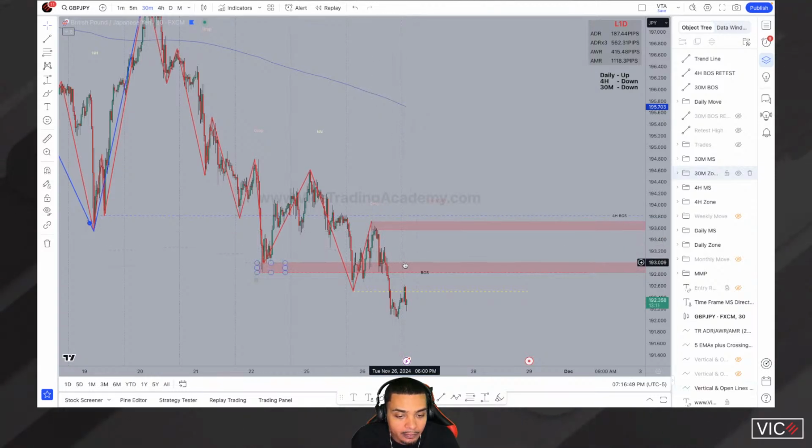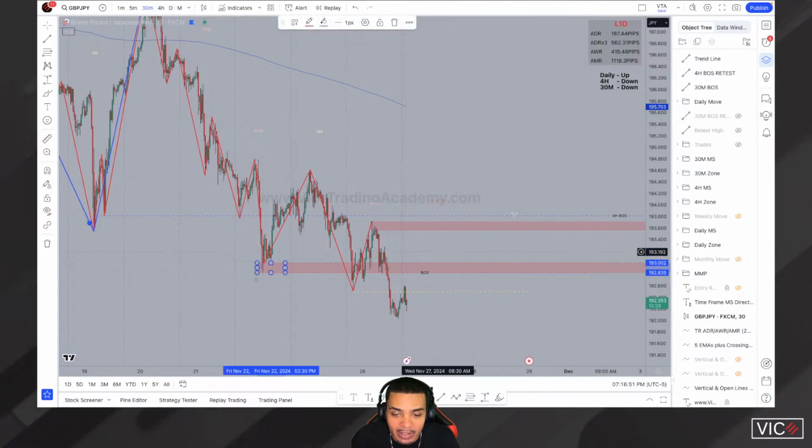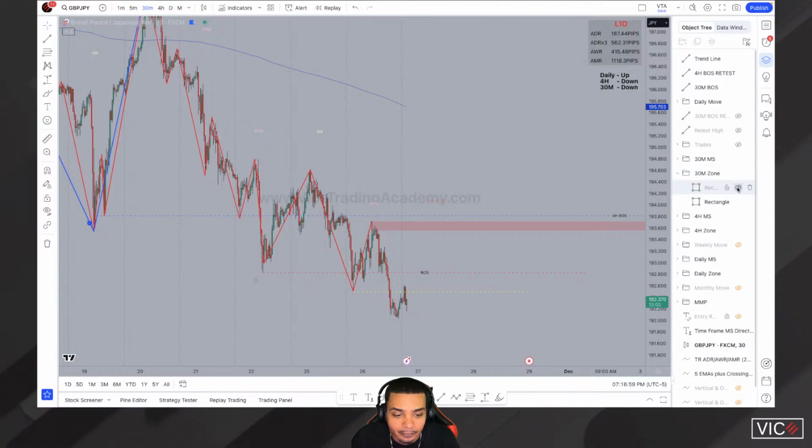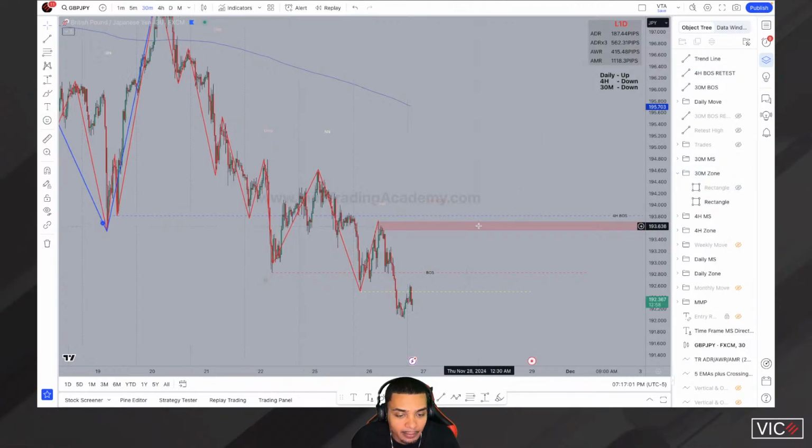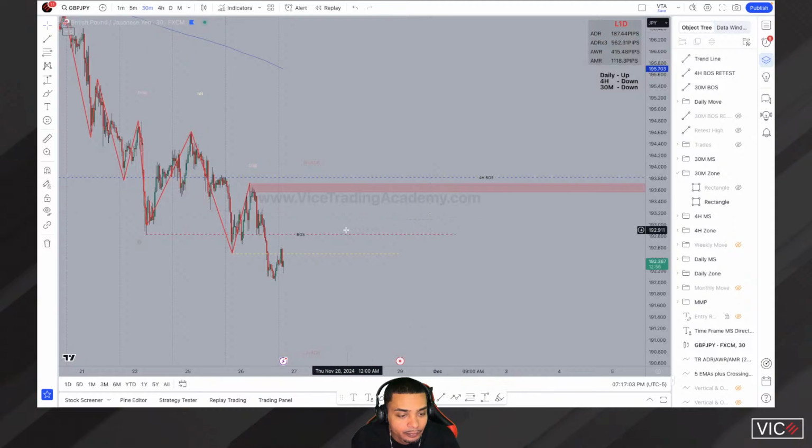Right? The bottom, right now at this moment, we don't have yet because price is still moving, still trending down. So the bottom of the zone, I'm going to turn it off. Keep the top up. Right? So we have this internal lower highs, right? Here's where the retest.